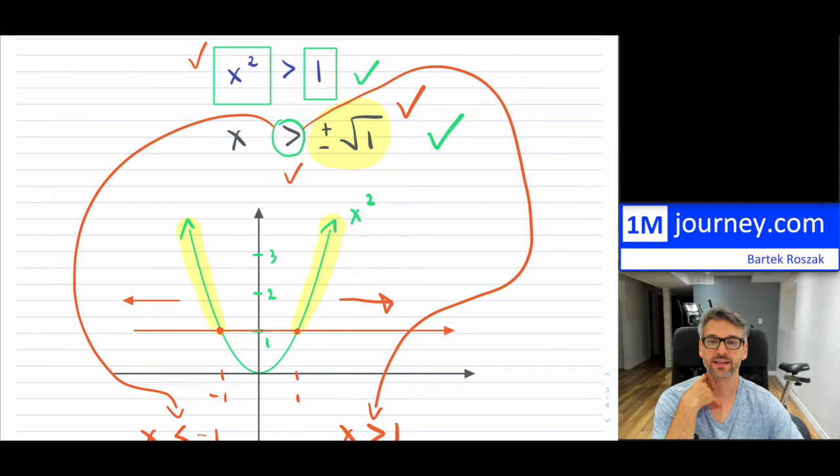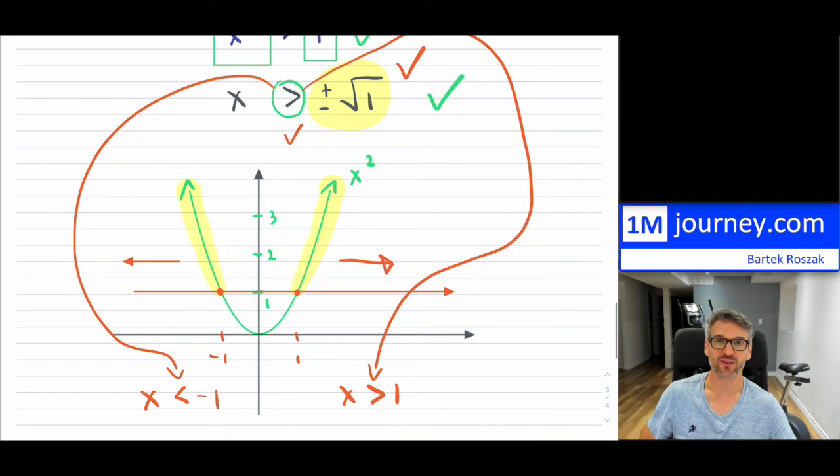Why might that be the case? Well, the reason is negatives. For negative values of x, that inequality unfortunately might flip on you. It's not always that easy to see, but graphically, we are able to see it pretty quickly.